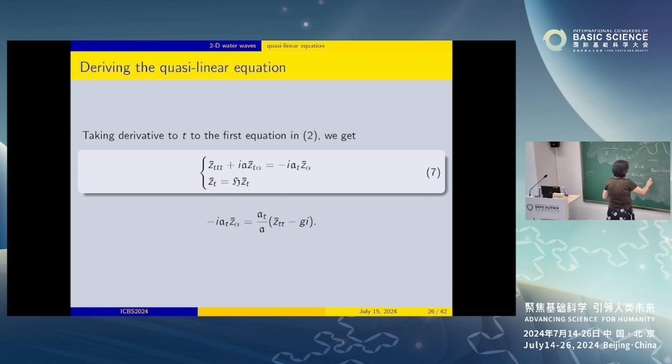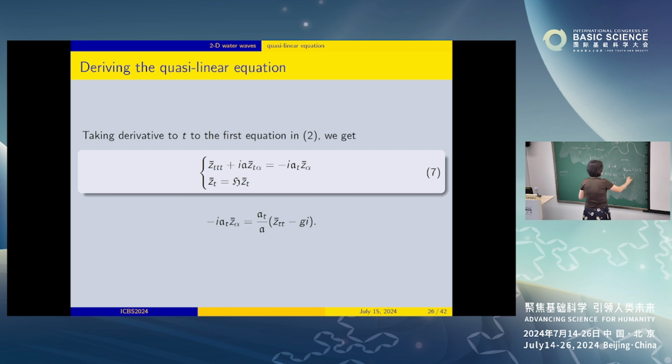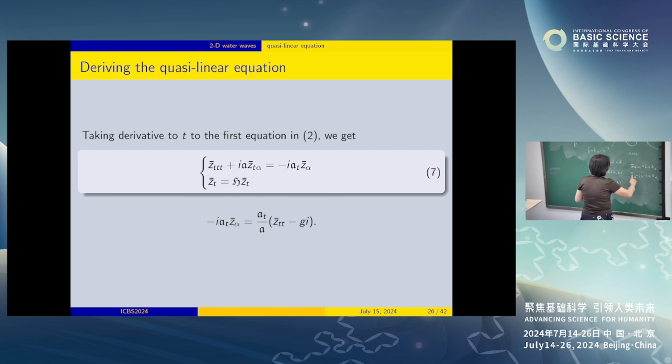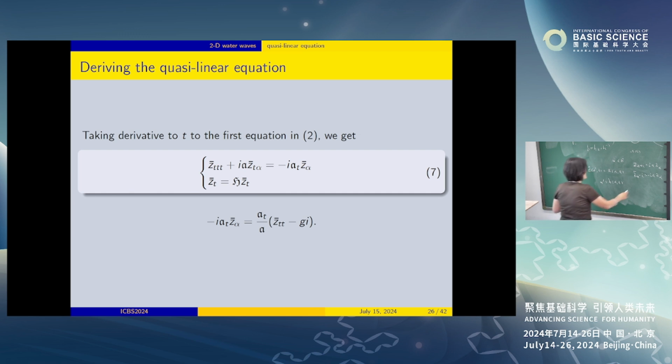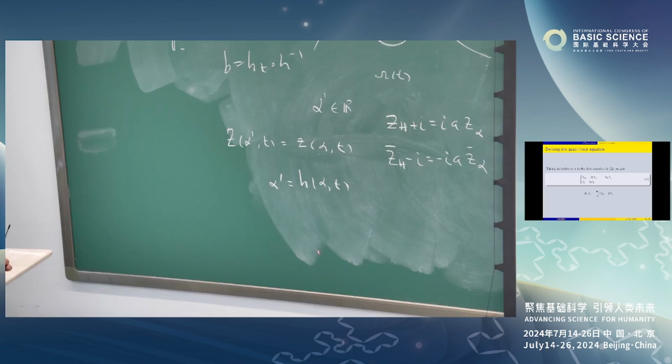If I put a bar on both sides, I get negative IA Z alpha. If you take one derivative in time, the right-hand side has two terms. One term I keep on the right, the other term I move to the left, because these two terms are higher order and this is a lower order term.